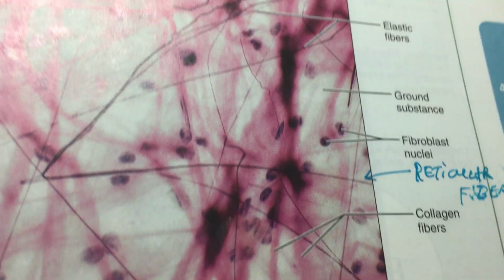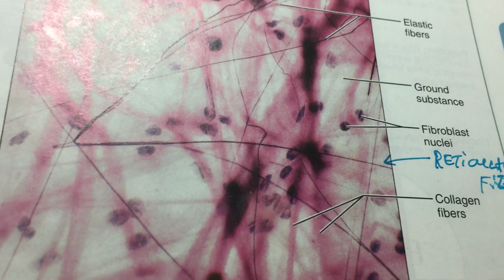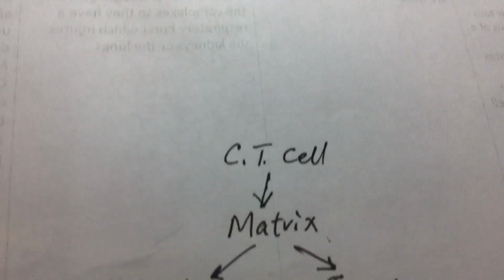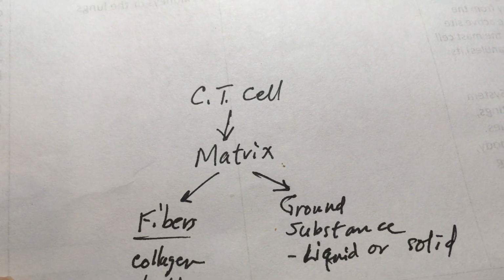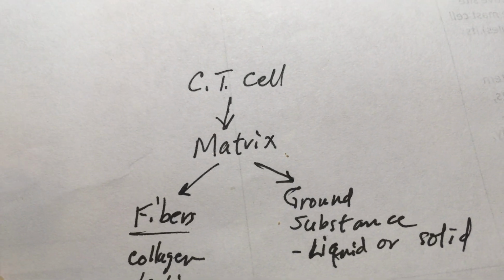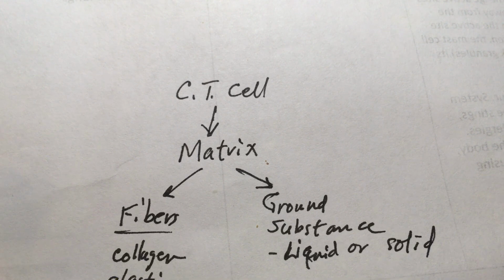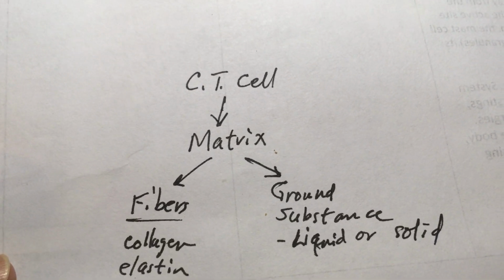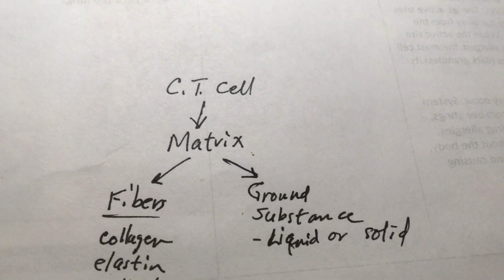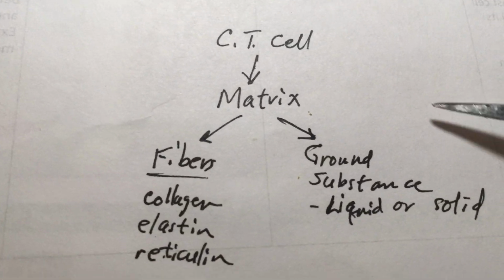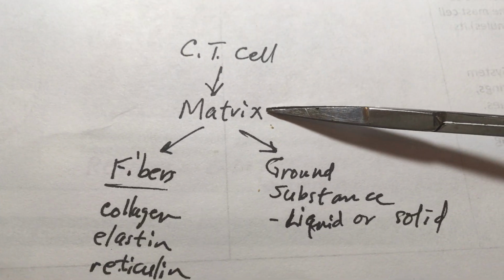Okay, and we have this presentation. This is nice, and I want to remind you of this. Let's just review this for a second. Connective tissue cell, in this case it's going to be a fibroblast. All of the connective tissue proper cells are called fibroblasts. They produce a matrix, as you can see, and so we get the matrix from the cell.